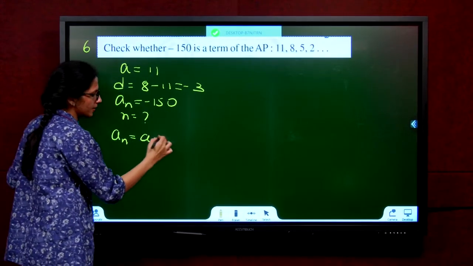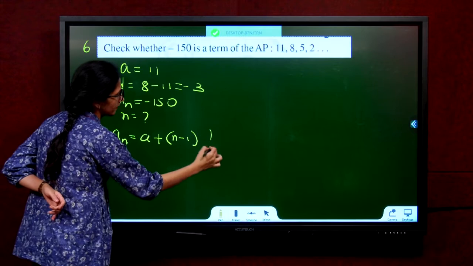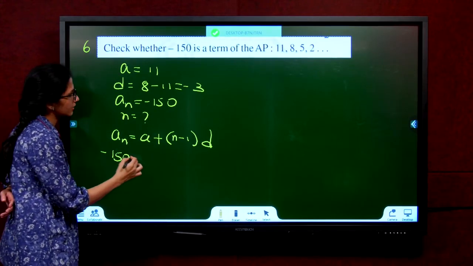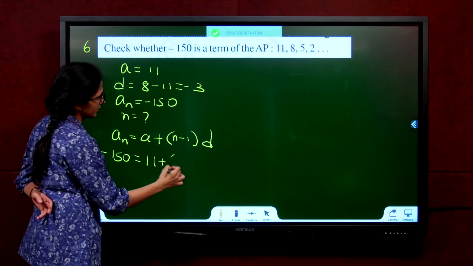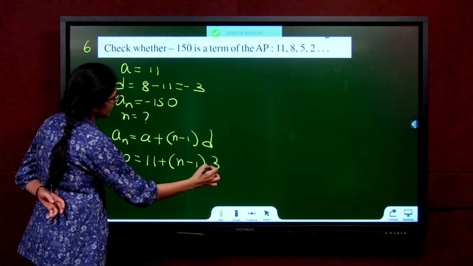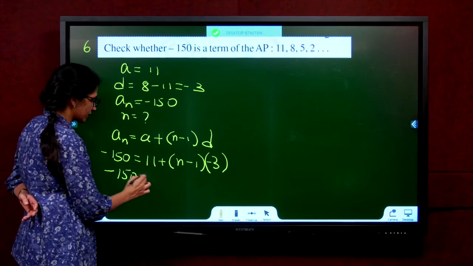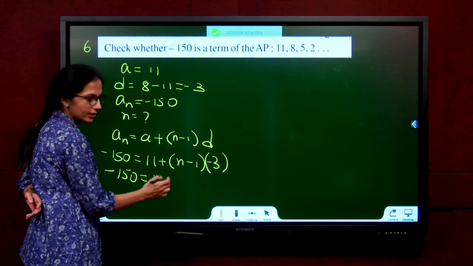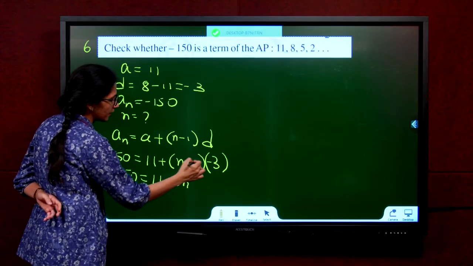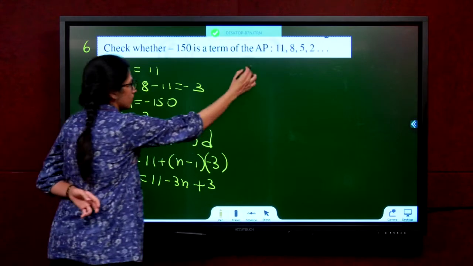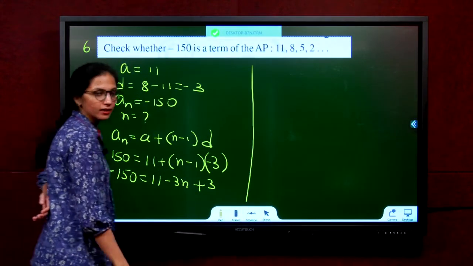AN is A plus N minus 1 into D. Minus 150 is equal to 11 plus N minus 1, D is minus 3. Minus 150 is equal to 11, minus 3 into n, minus 3n, minus 3 into minus 1 plus 3. 11 plus 3, 14.